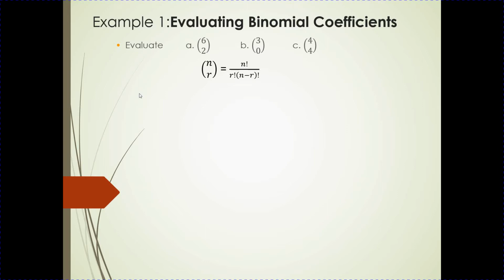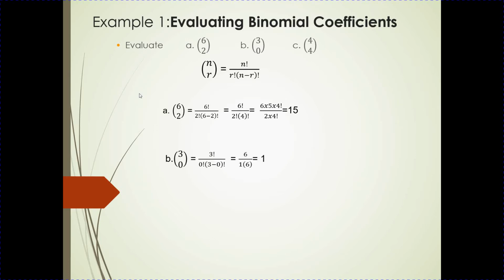For case A, the value of n is 6 and the value of r is 2. Then you just plug these values into the formula so that you'll get 6 factorial over 2 factorial times 6 minus 2 factorial. Simplify it and you will get 15.